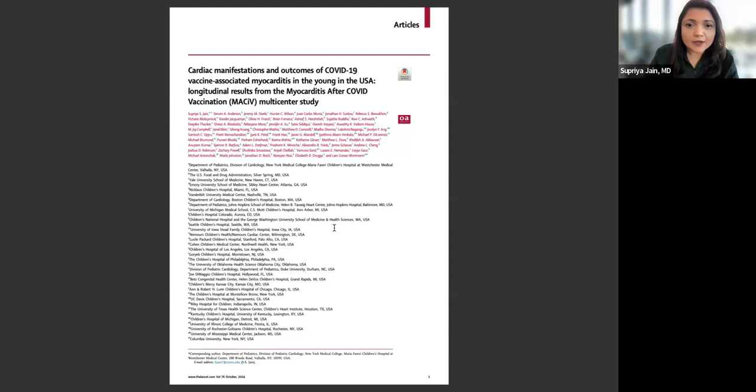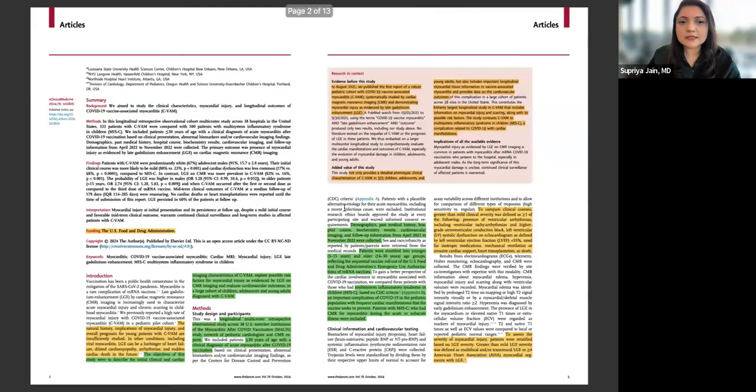And you can see all these centers. The investigators across 38 US sites, and the title is Cardiac Manifestations and Outcomes in COVID Vaccine-Associated Myocarditis in the Young in the US. The study was funded by the FDA.